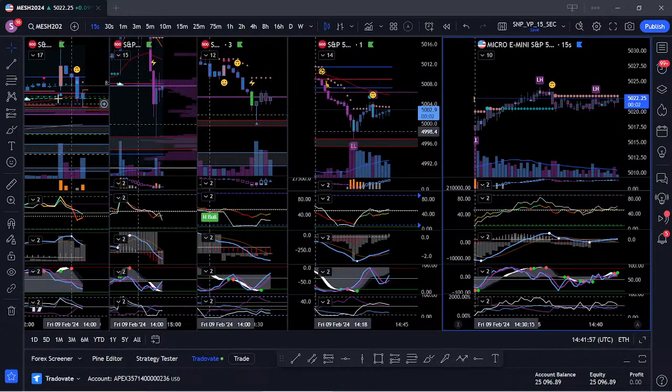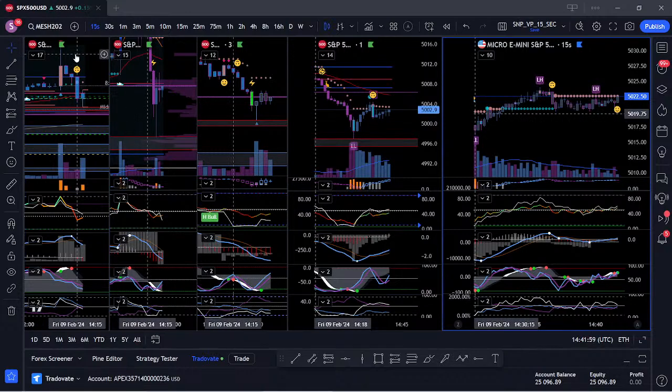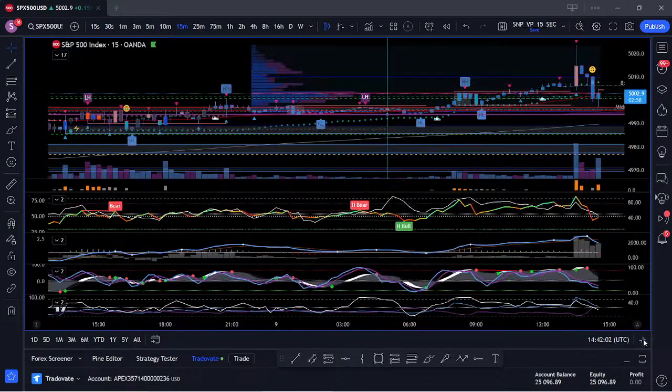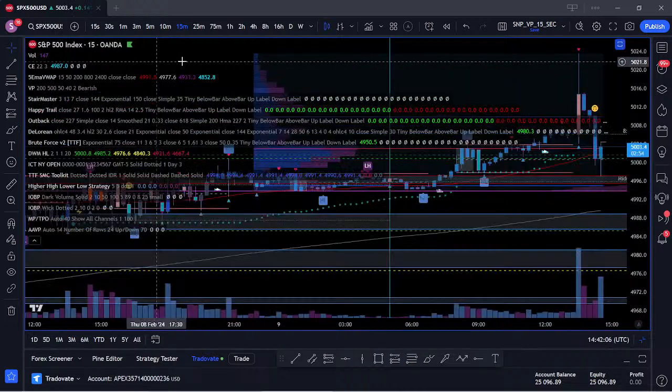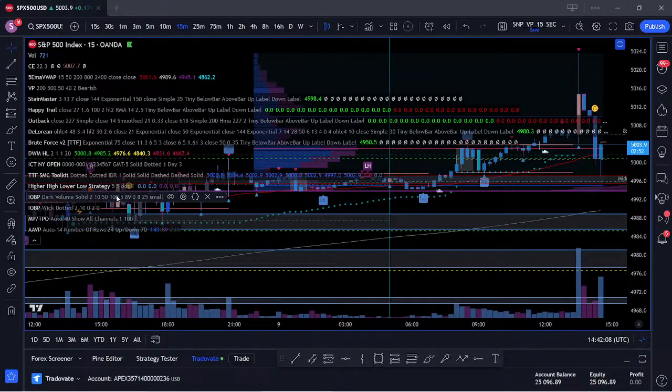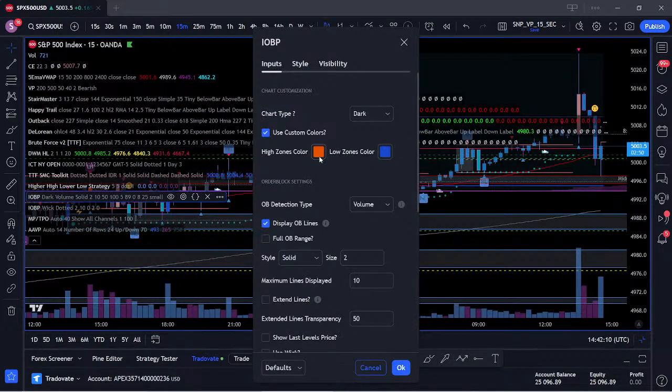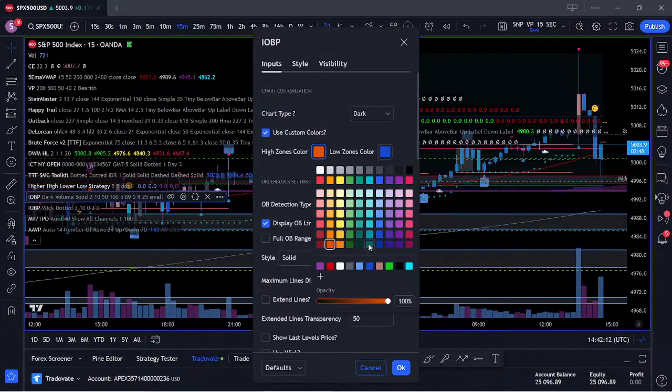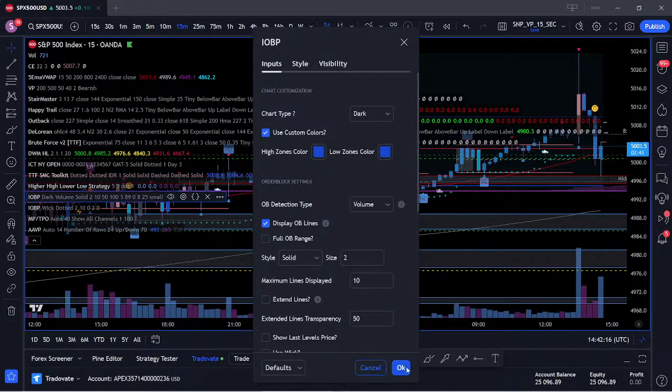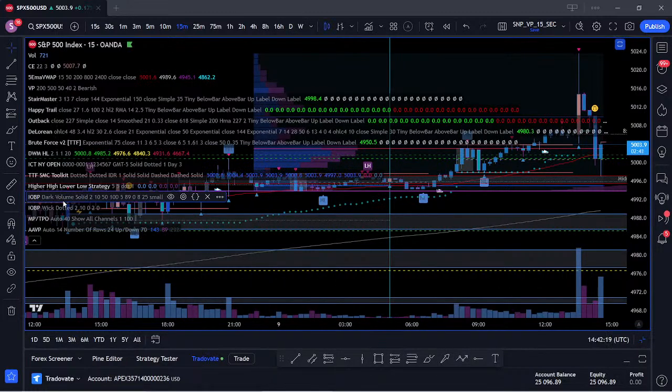To be honest, it's a good idea to just make it one color, since we have to investigate it in a lower time frame. I will do this as blue, and also this one to be blue.